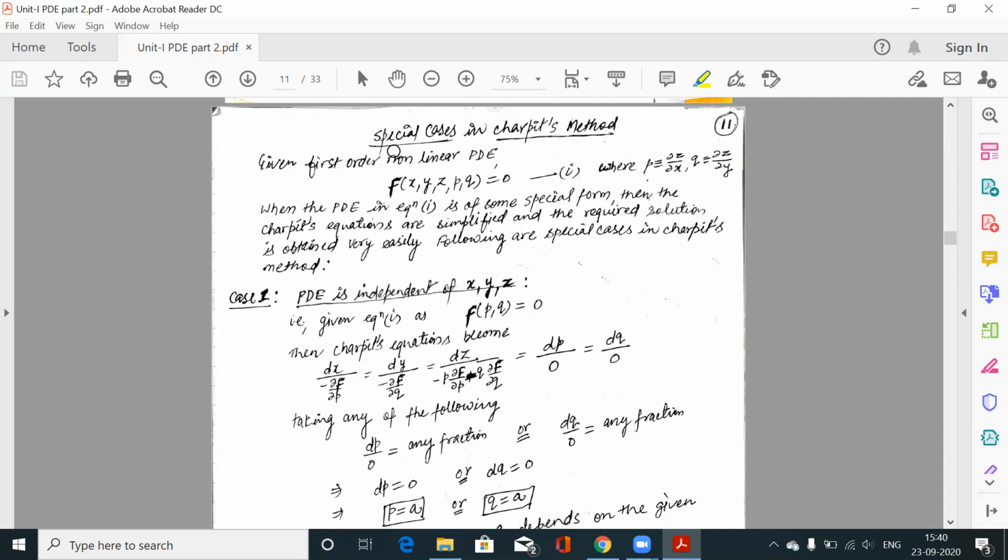That is our objective, to make this equation dz is equal to PDX plus QDY integrable, and whenever we find the integration, we get our complete solution.